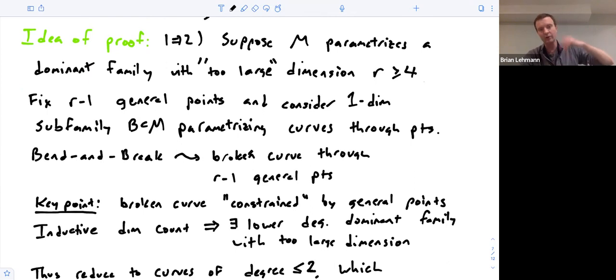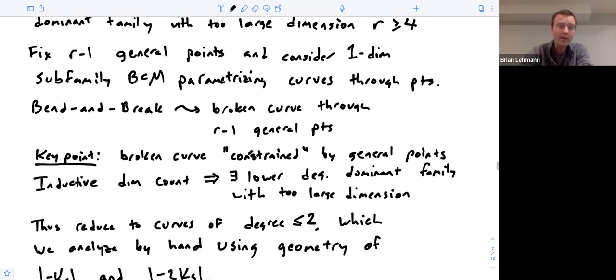So the generic curve parameterized by B will be irreducible, but some special curves will be broken into reducible components. And the key idea that makes this proof work is that the broken curve is constrained by the fact that it goes through the general points.